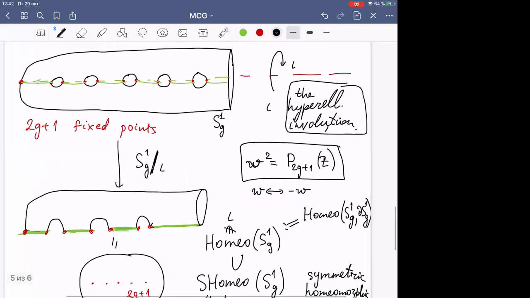Well, upstairs for each point x, we have its image under the projection pi. We have pi of x, and we may apply this homeomorphism downstairs, phi of pi of x, and we have 2 preimages of it. So to construct the homeomorphism upstairs, we need to pick one of these 2 points.